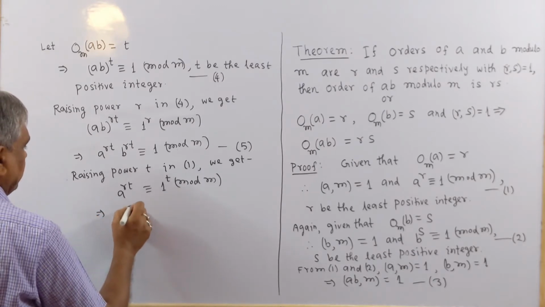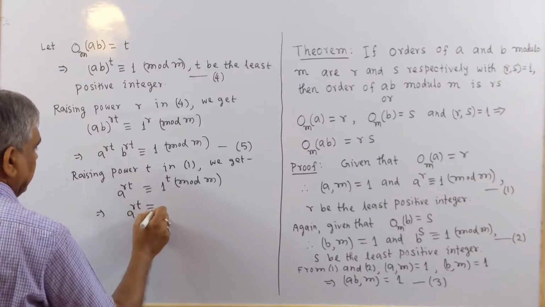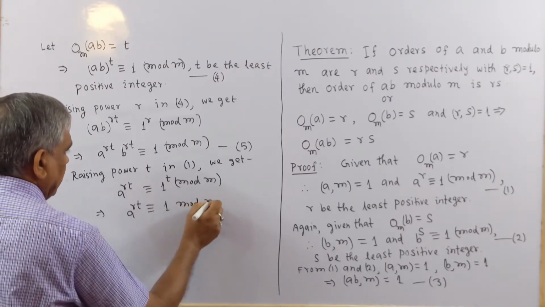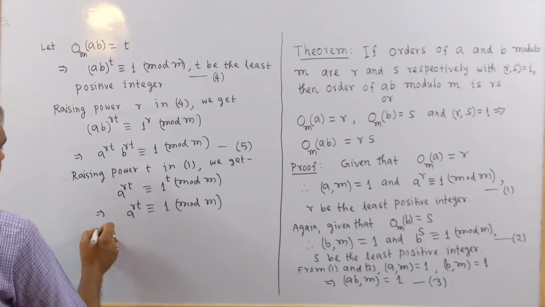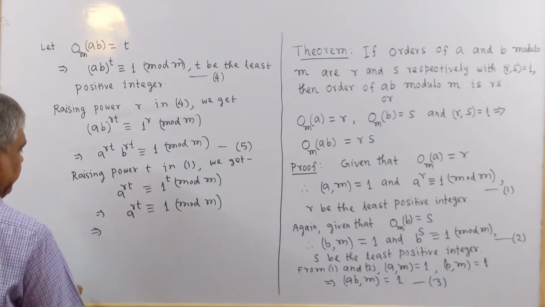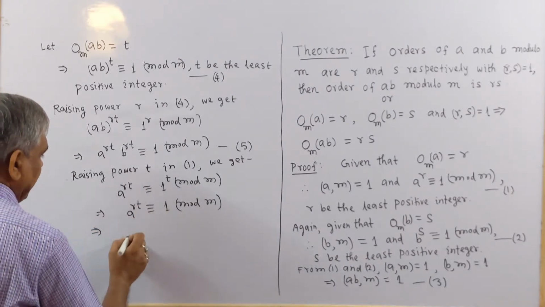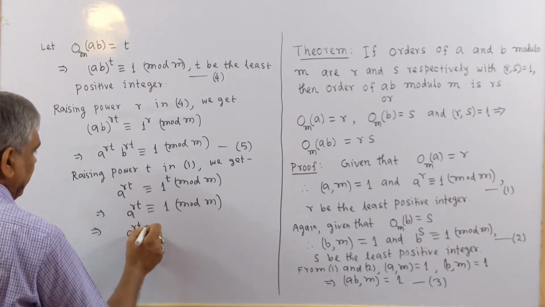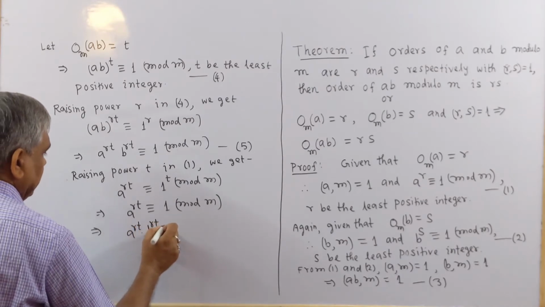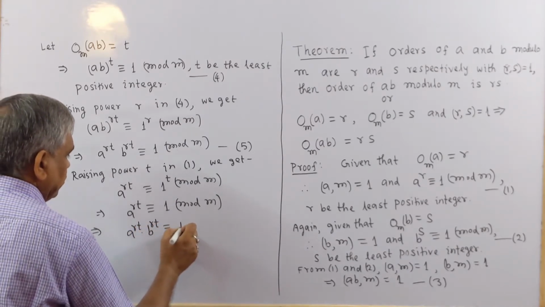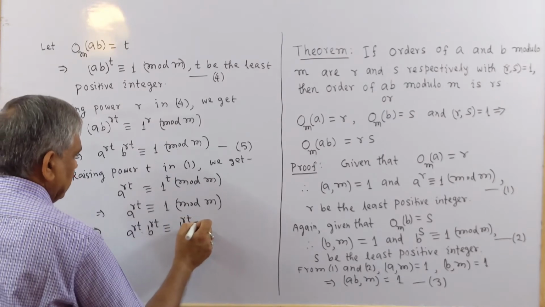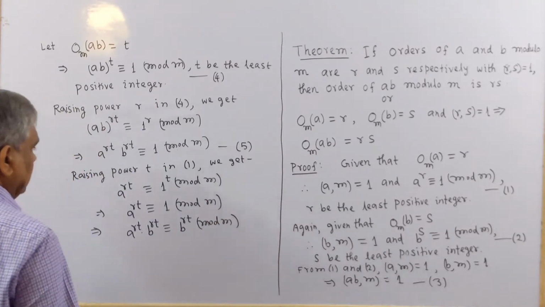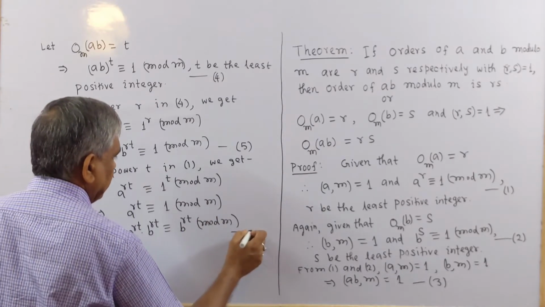Implies that a to the power rt is congruent to 1 modulo m. Multiplying both sides by b to the power rt, a to the power rt multiply b to the power rt is congruent to b to the power rt modulo m. Let this be number 6.